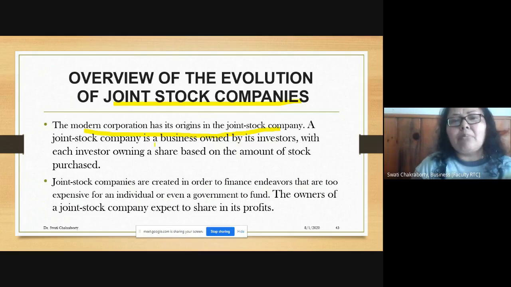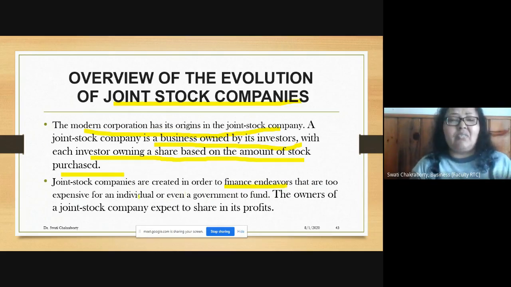A joint stock company is a business which is owned by its investors, the shareholders, with each shareholder owning a share based on the amount of stock purchased. Why is it created? To finance projects that are very expensive for an individual or even a government to fund.